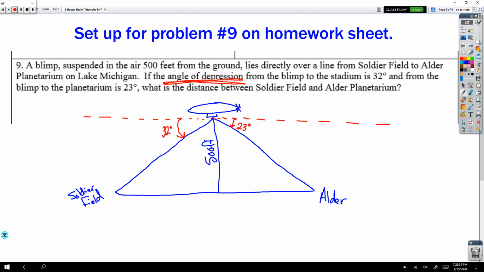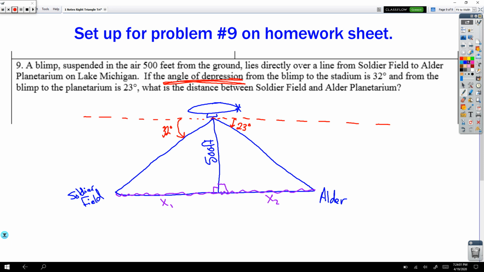So it's asking us to find the total distance. I like to use x's because it's the x distance. So for this right triangle, this distance would be x1. And then this distance would be x2 for this right triangle. So you're basically going to make use of tangent twice and then add up your findings.